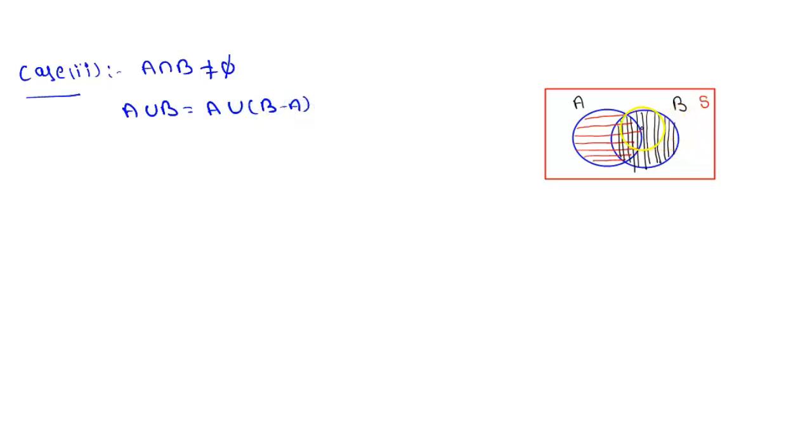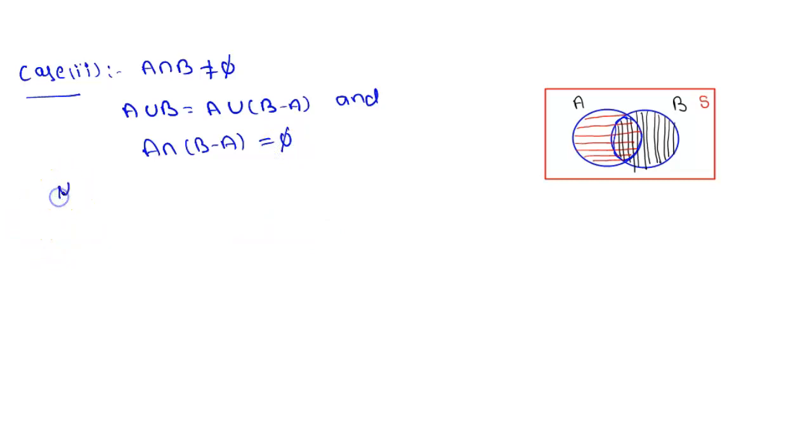B minus A means only the B part, the part with vertical lines, not this shaded region, right? This part I am not taking. Only this part goes to B minus A. And here we can observe from the figure that A intersection (B minus A) is empty.